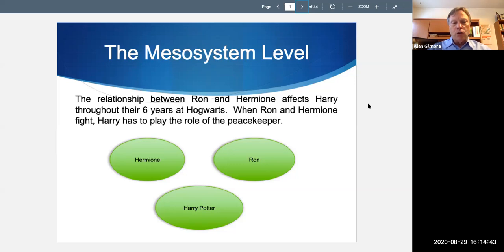Again, you're taking a look at the role that the client has to take on in terms of managing the relationships between other folks. So like we said in the narrative here, Harry is the one who often has to resolve issues between the two. When you think about your family or your friend systems, is there that person who's always taking on that role?